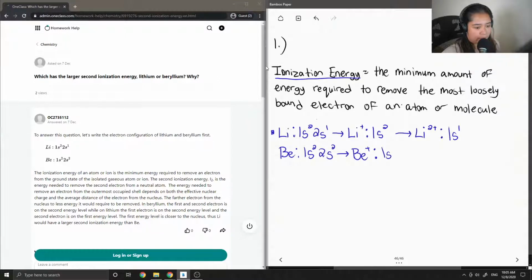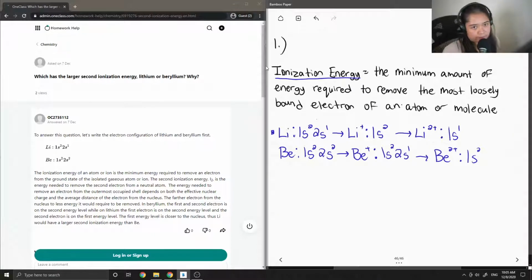We get a new electron configuration of 1s2, 2s1. And then lastly, if we were to remove a second electron, this is the second ionization energy. We now have an electron configuration of 1s2. And that's it.